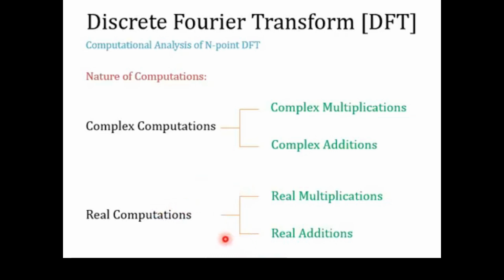So performing computational analysis of n-point DFT equation means we have to find the total number of complex multiplications, complex additions, real multiplications and real additions performed by our computer in providing the result of n-point DFT equation. So the basic objective of this lecture is to find the requirement of these four types of computations for an n-point DFT equation.